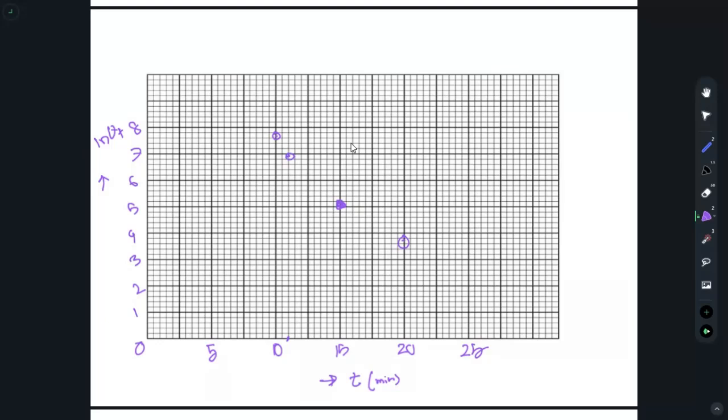And for 13, you get a value of 5.5. This is 5, so 5.5 would be the middle of it. So here you can actually visually see the change in slope.